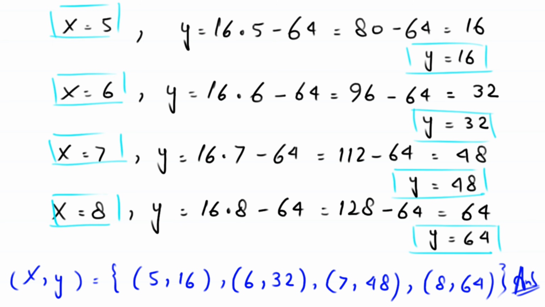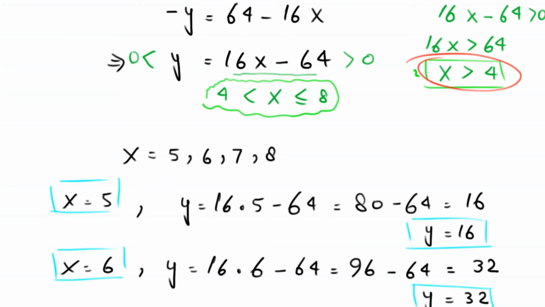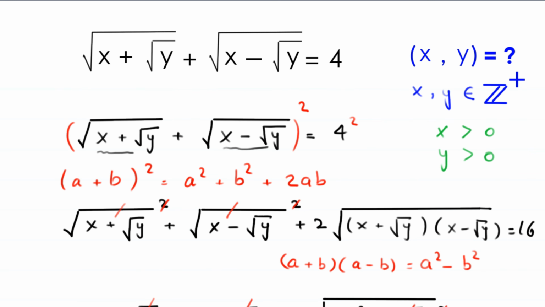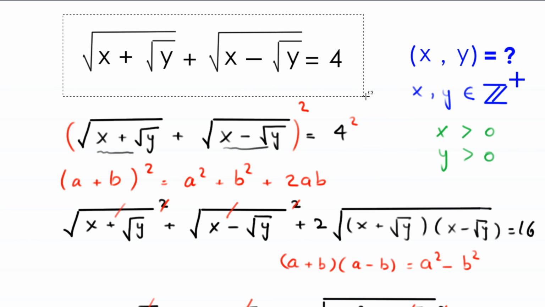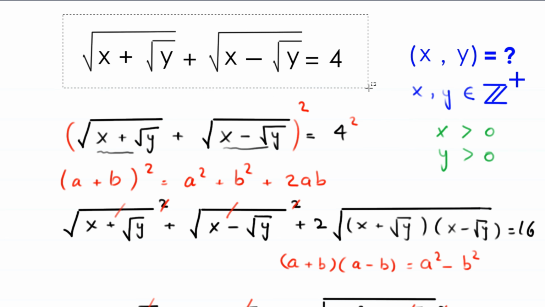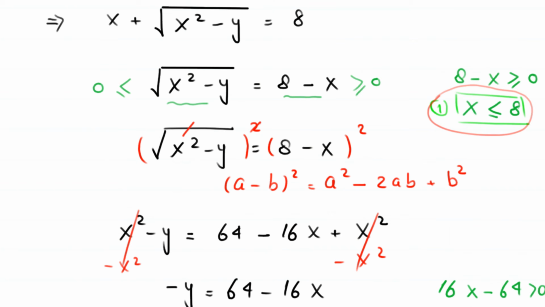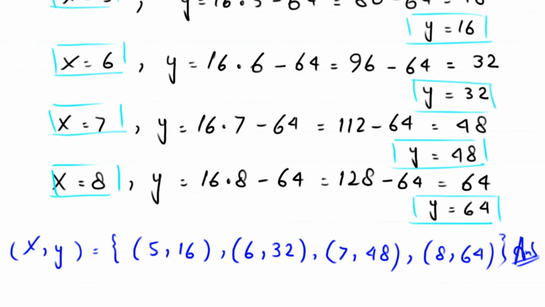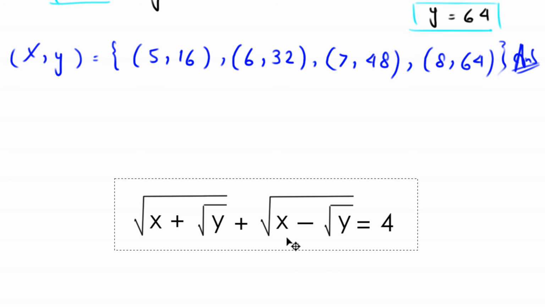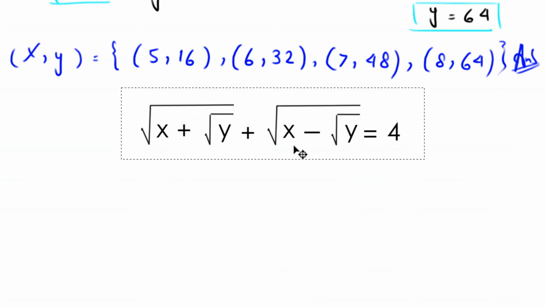Now let's verify one pair from these solutions in the original equation. The original equation is root x plus root y plus root x minus root y equal to 4. This is the original equation.